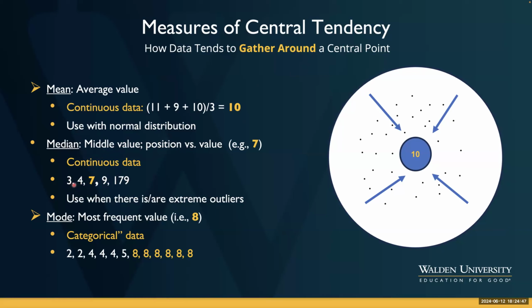Now look at that. We can see that 179 is really, really different, almost an outlier, not almost, a severe outlier. Would it be appropriate to report the average? No, it wouldn't. So when there are extreme outliers, we would run the median.